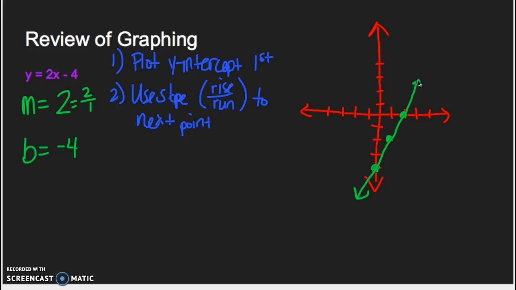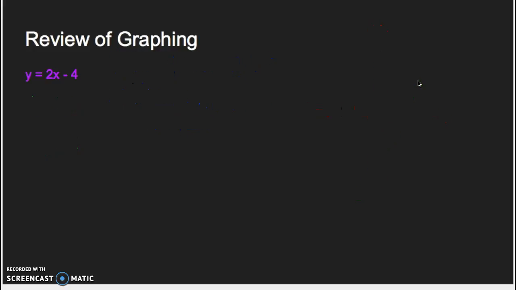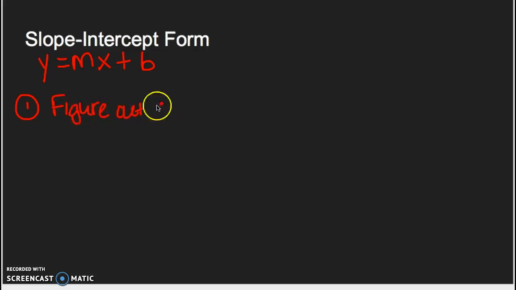Okay, so a couple of steps that you can follow for slope-intercept form. Okay, remember, your equation is going to look like this: y equals mx plus b. Okay, so a couple things. Figure out your slope. Figure out the slope of the graph.